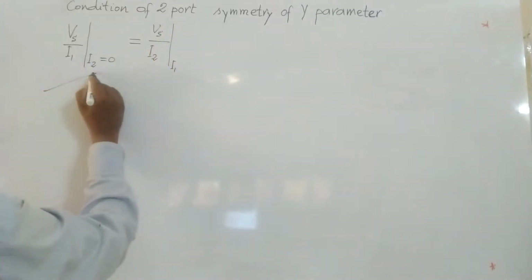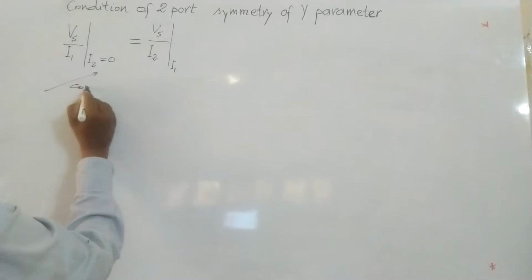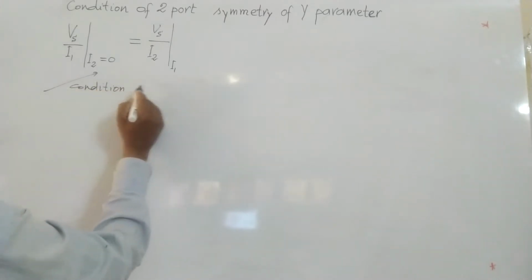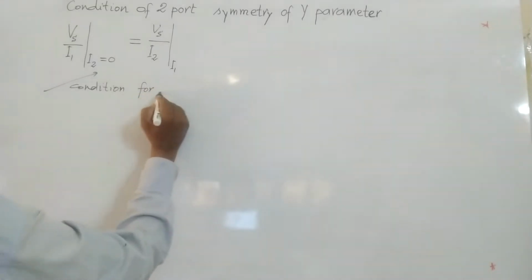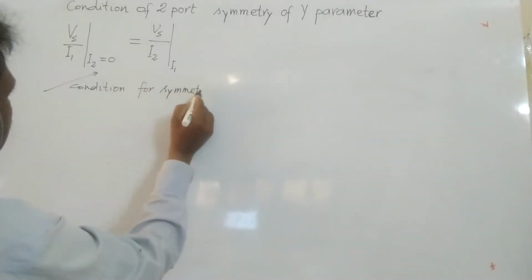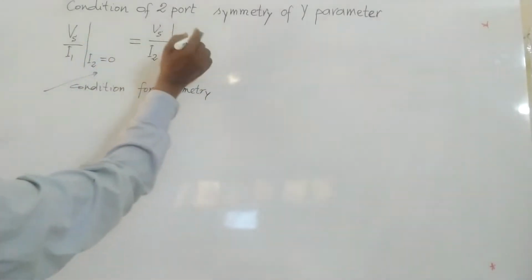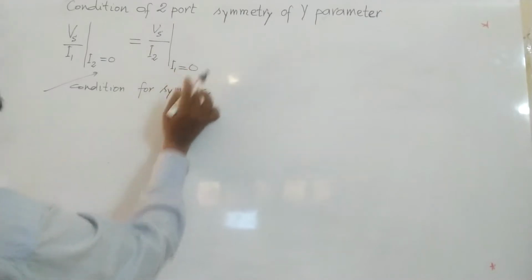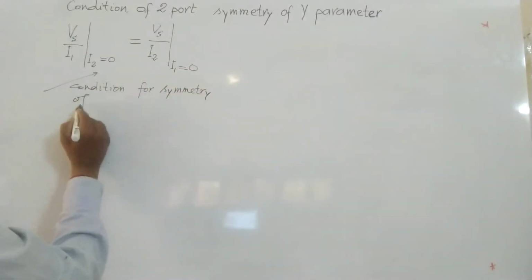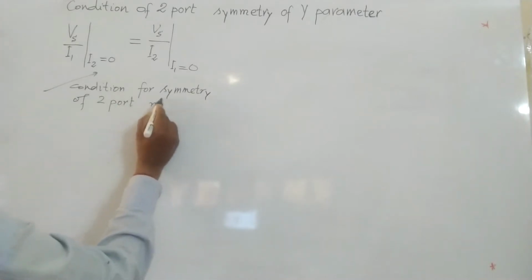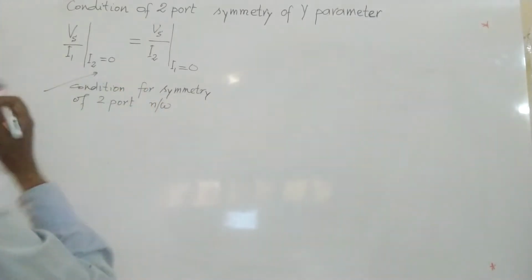This was the condition for symmetry of a two-port network. Okay, and what are these?